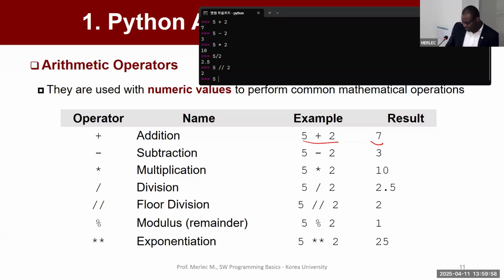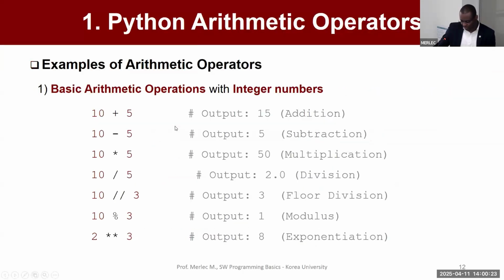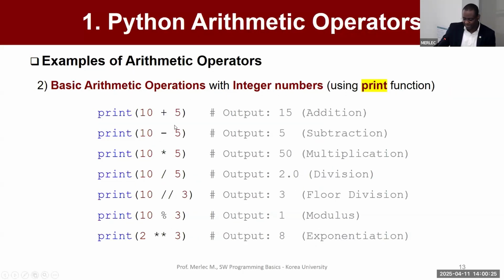You also have the modulus. This one will only give us the remainder of the division of 5 by 2. And then I will use the exponentiation. 5 to the power of 2 will give me 25. So those are just simple arithmetic operations. You already know how to do that.